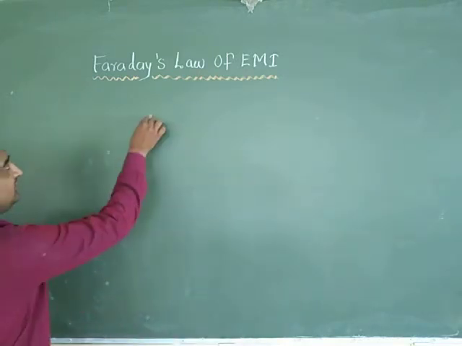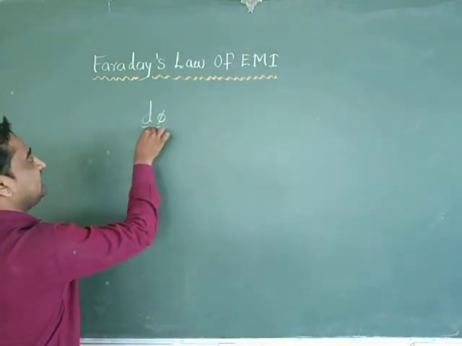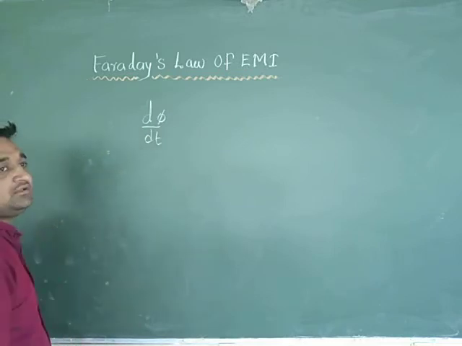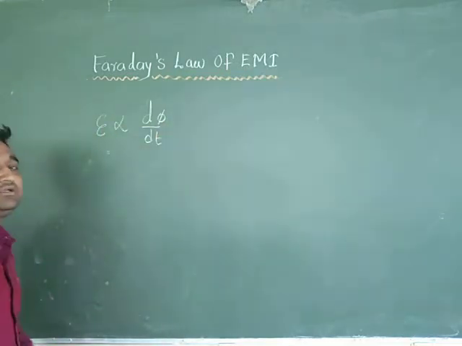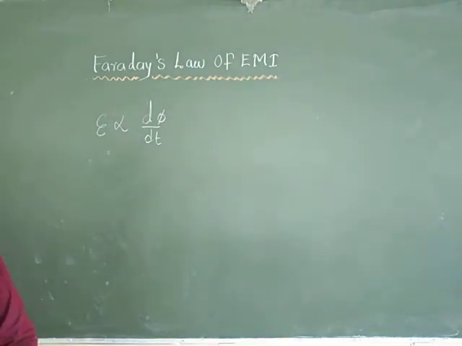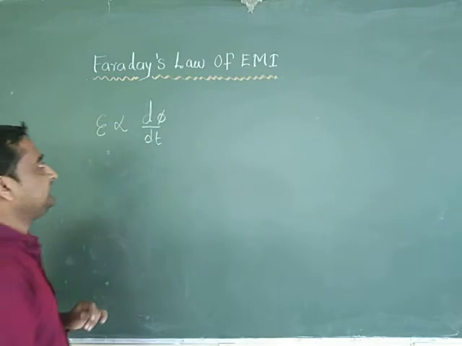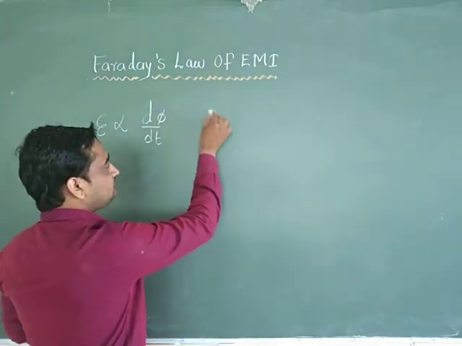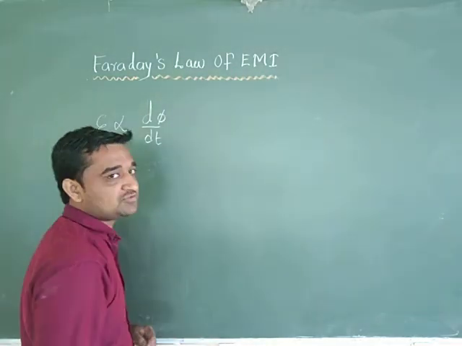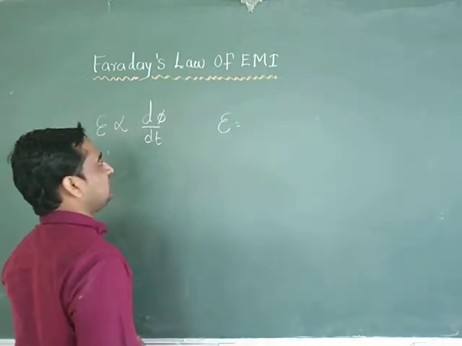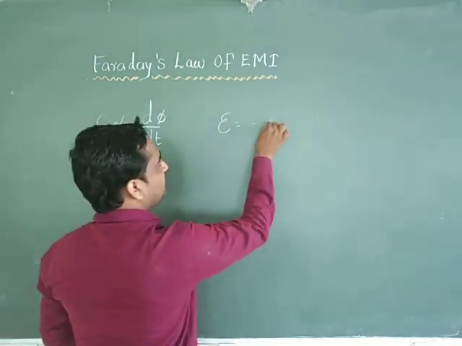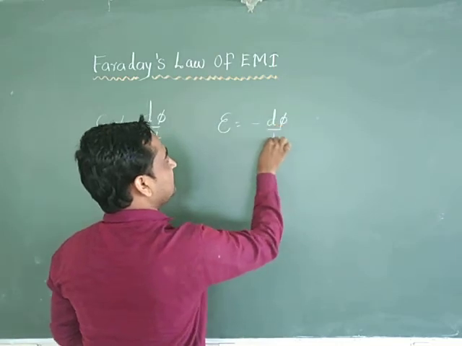That is dφ by dt, and here the proportionality constant we take is -1. Therefore the induced EMF is equal to minus dφ by dt.